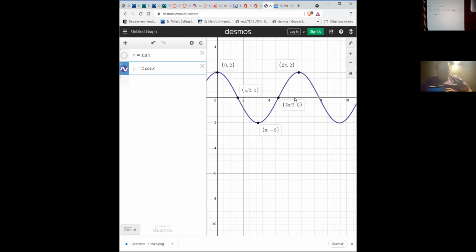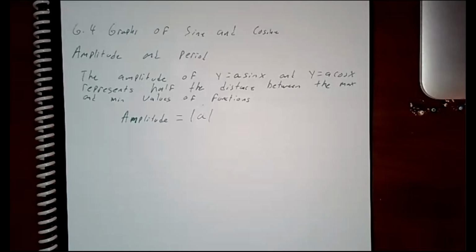But it's still pretty much the same. So that's what the amplitude does. So if they ask you on the homework, given the amplitude, you just look at the number in front of the cosine, okay? Or sine. But visually, it scales the graph, a maximum of 2, minimum of -2, where the original looks like that. Okay, so I just expect you to remember what they look like. That's really about it.